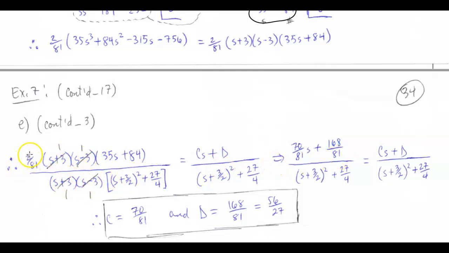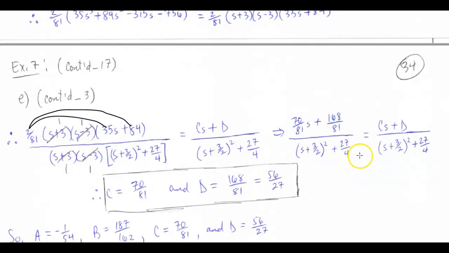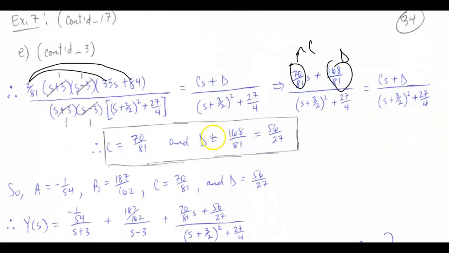And if we take the 2 divided by 81 and multiply it to both terms there, we'll get 70 over 81 here, 168 over 81 there. And of course, we can easily see from this that this is what C is, and that's what D is. So we have what our C and D are.